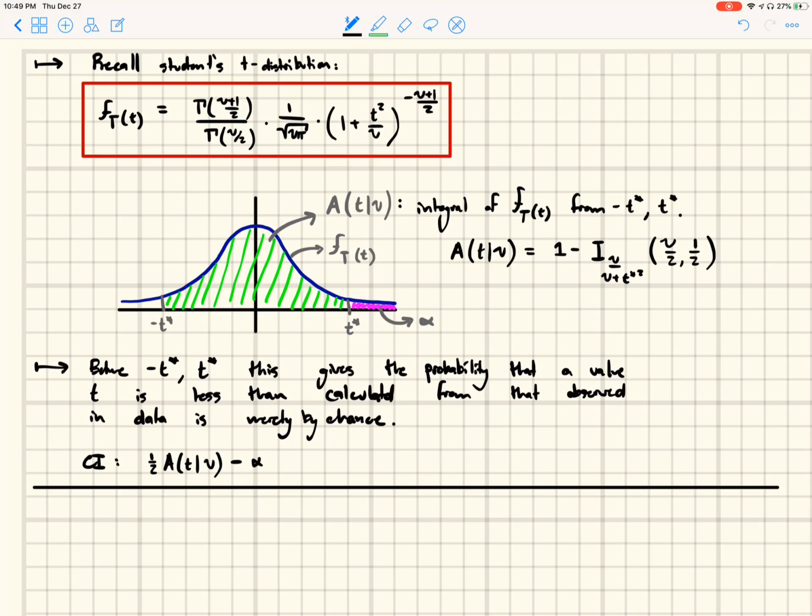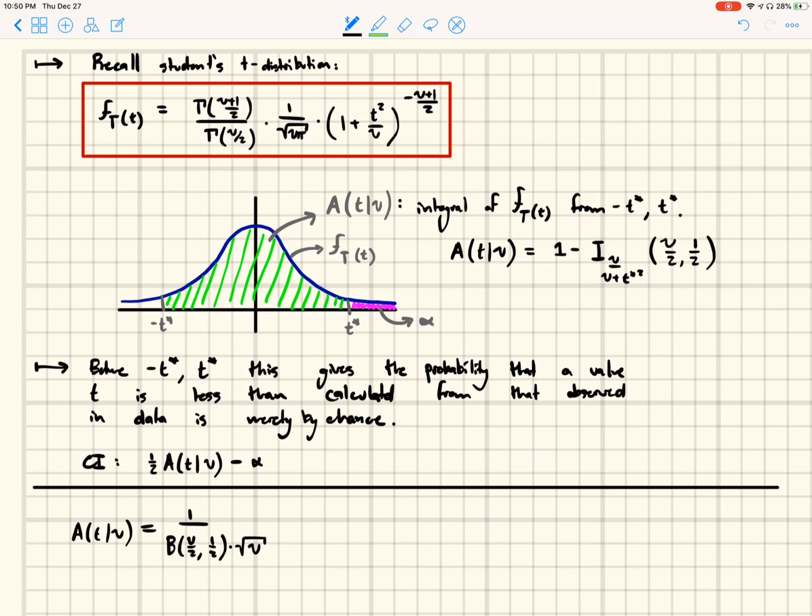First off, we need to look at the definition of this A. So the area A of t given v is simply going to be equal to 1 over, and I'm introducing a new term here because it simplifies things, that's just the beta function with those two values, multiplied by the square root of n.